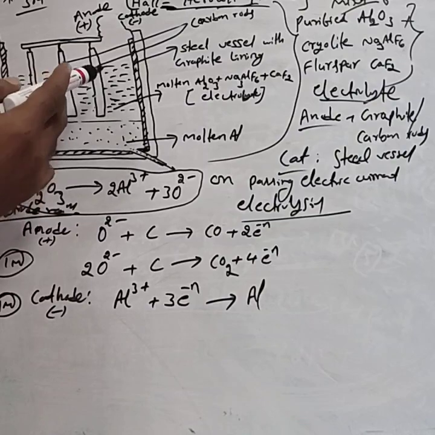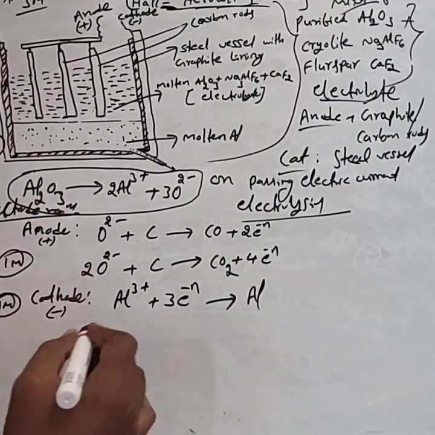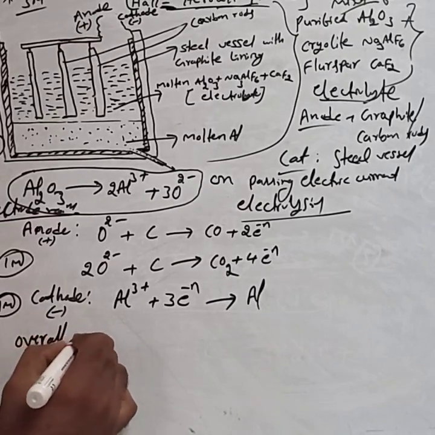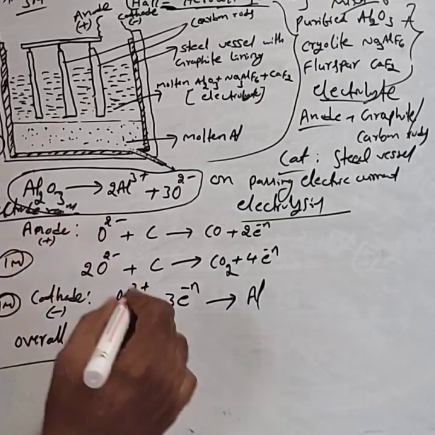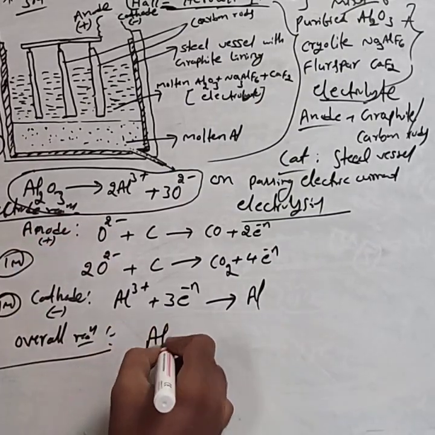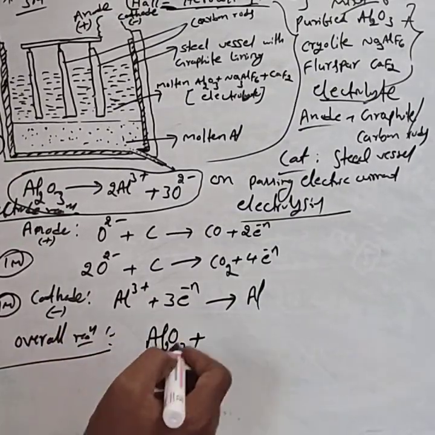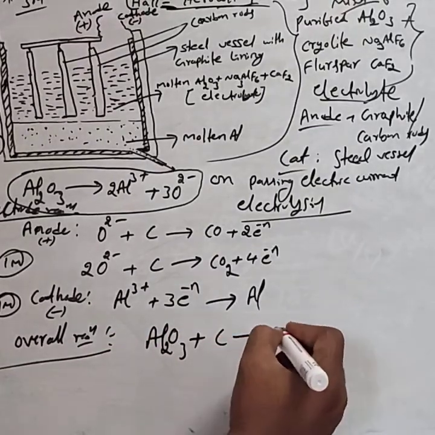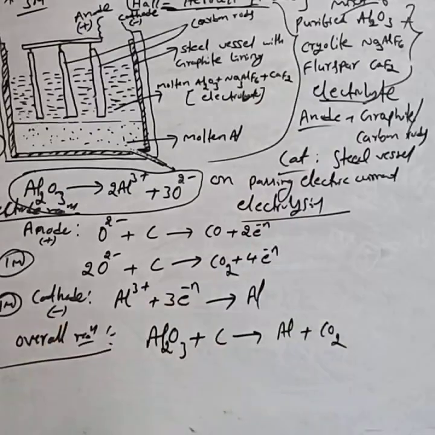They can ask a diagram, the anode reaction, the cathode reaction, and also the overall reaction. The overall reaction is: alumina, Al2O3, plus carbon forms Al, liberating CO2.